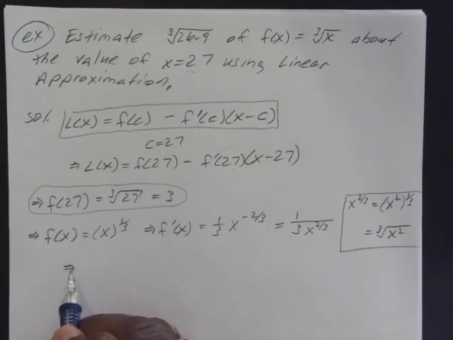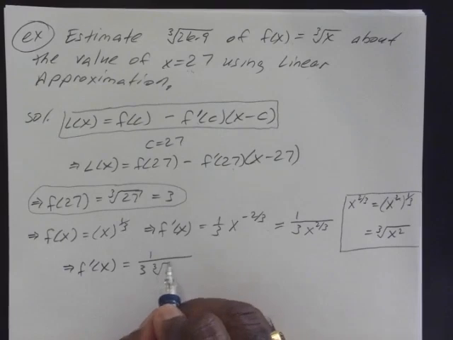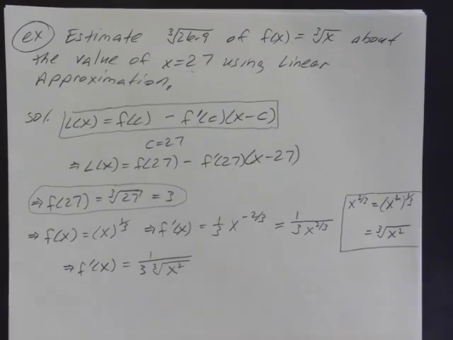Okay, so that means that our f prime of x is equal to 1 divided by 3 times the cube root of x squared.